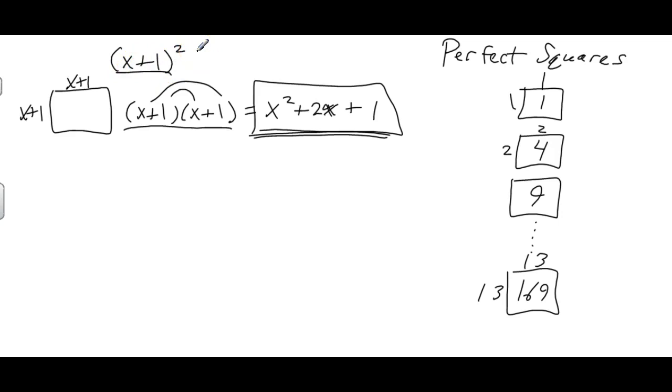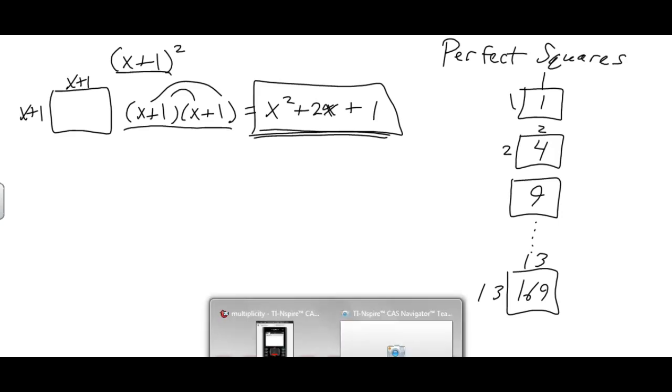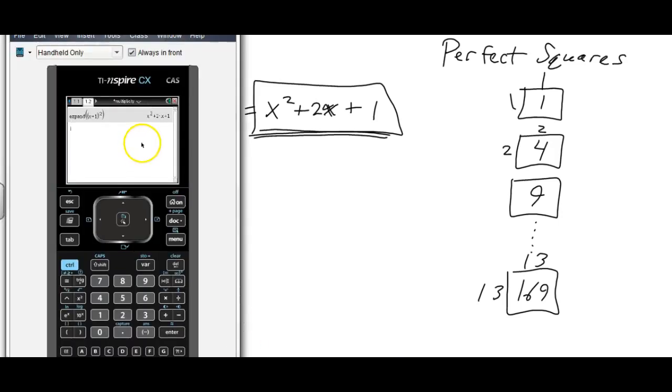Now, to show you the pattern here, because I really want you to see a pattern with the numbers. If you were to use an expand command on a CAS calculator, you can say x plus 1 squared. It'll actually do the work for us here. So I'm going to copy that off here, and do x plus 2 quantity squared. So when I expand that, it's x squared plus 4x plus 4.